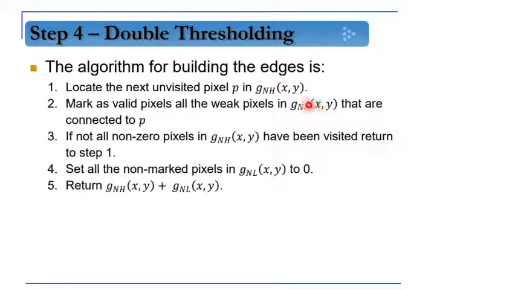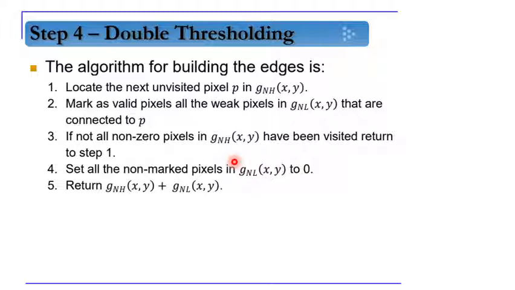All the points connected to this point P by either 8-connectivity or 4-connectivity will be kept, and the rest of the points will be made 0. So this is what we are going to do here: set all the non-marked pixels, which are not the edge points, to 0.